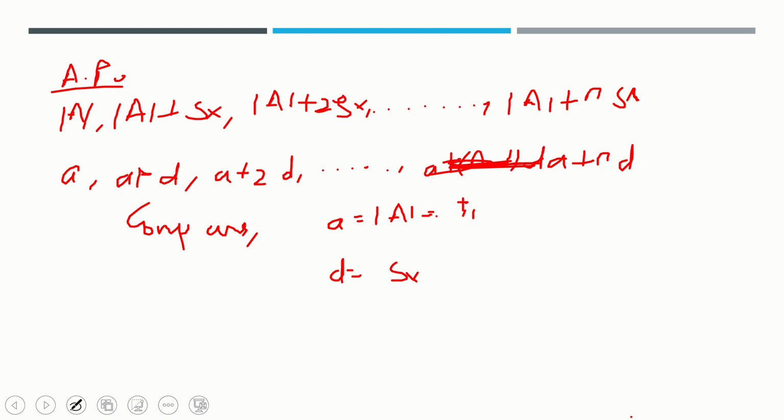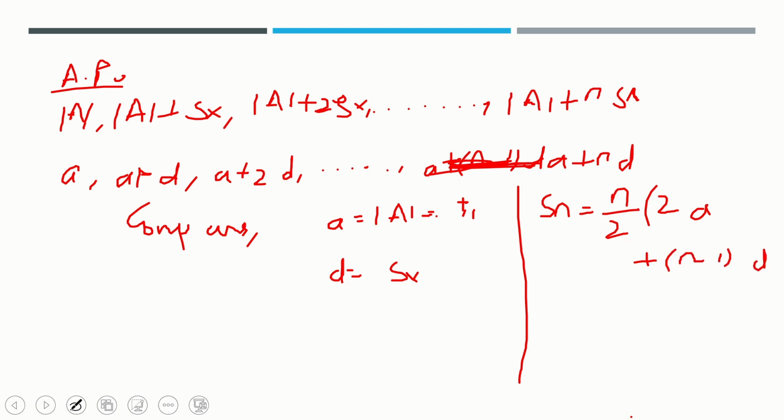So if you know this Sn formula, okay, you know this formula. So I'm substituting the values.